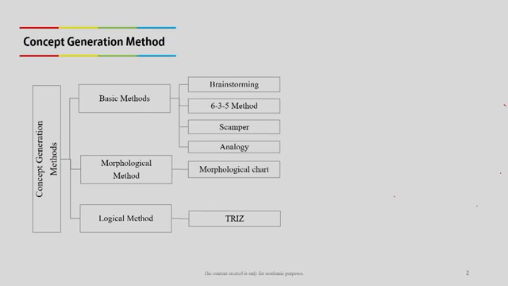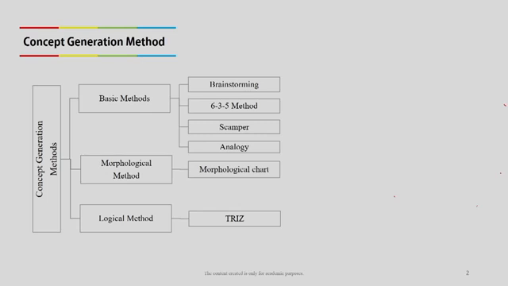So, hello participants. In this lecture I will be discussing concept generation tools and also concept selection metrics. There are various kinds of concept generation methods. In basic methods there are brainstorming, 6-5 method, SCAMPER, analogy, and there is also the morphological method using a morphological chart.